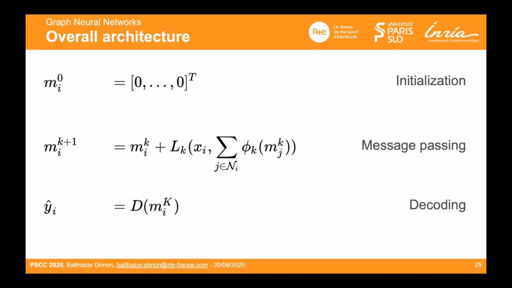In some recent results, we showed that the relevant metric for how many times you need to propagate the information is the diameter of the graph. It's quite easy to understand, because to make a good prediction, each node needs to have gathered the information from all the grid. That's why you need at least a number of propagations equal to the diameter of the graph. So maybe it doesn't completely answer your question, but basically you cannot work on infinitely large grids.